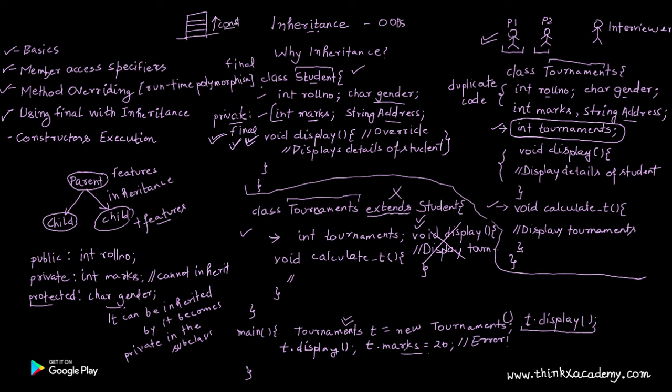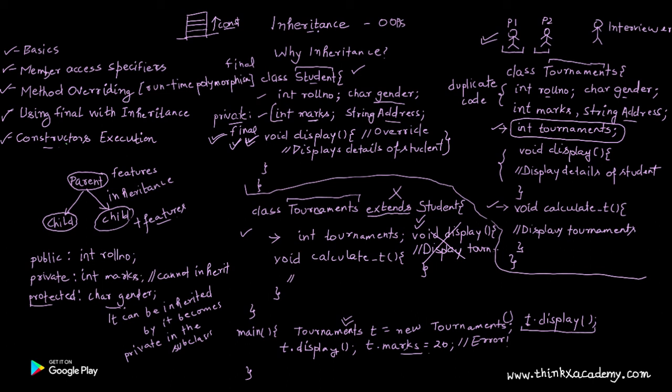Similarly, you can apply this concept in computer programming. If you want to construct the objects, the constructor of the base class is called first, and then the constructors of the derived classes will be called one by one. So that's how constructor execution takes place.